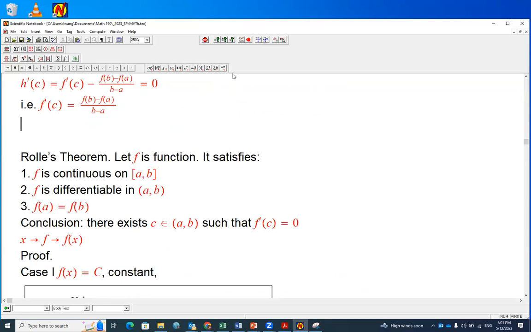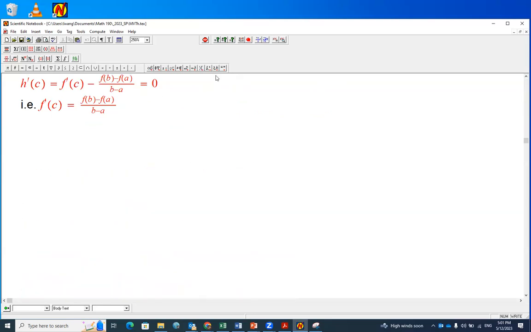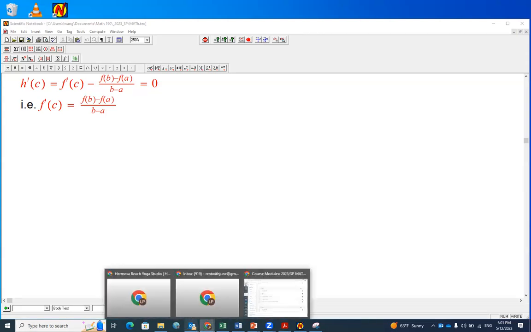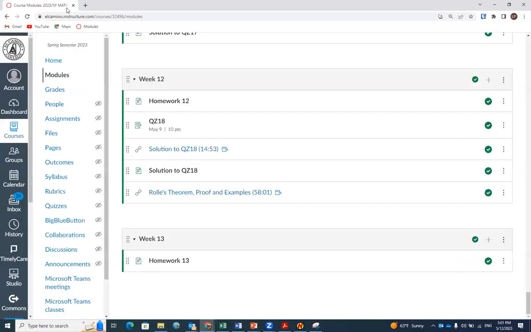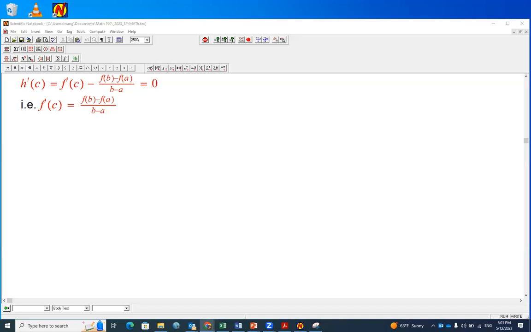Okay, so now let's talk about how we apply mean value theorem. We're going to take a question from our homework. Okay, let's take this one.